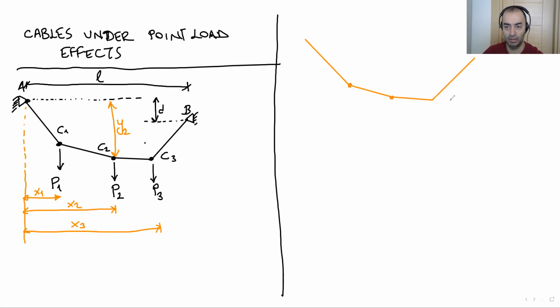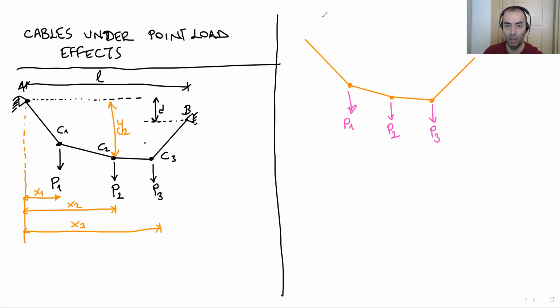These are my points. What I have on these points are these point loads. Under these point loads, my cable gets a straight shape in between them, as you can see here, as I explained at the beginning.